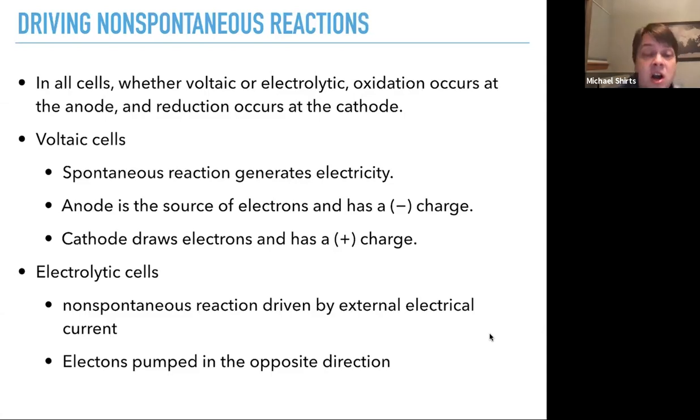We still call where the oxidation is occurring the anode, and where the reduction is occurring the cathode. Except that before, you might have had zinc as the anode because the electrons are flowing downhill from the zinc, say, to the copper. In this case, if you were running it in reverse, zinc would be the cathode because you're actually getting reduction there instead of oxidation.